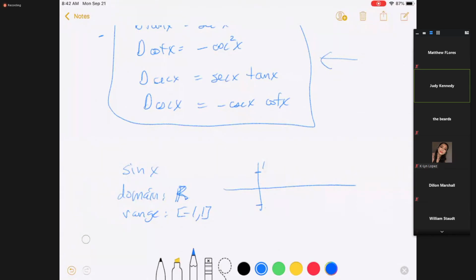Okay, so that's 1 and -1. Multiples of pi are where it goes through 0. Odd multiples of pi over 2 are where it takes on the values +1 and -1.